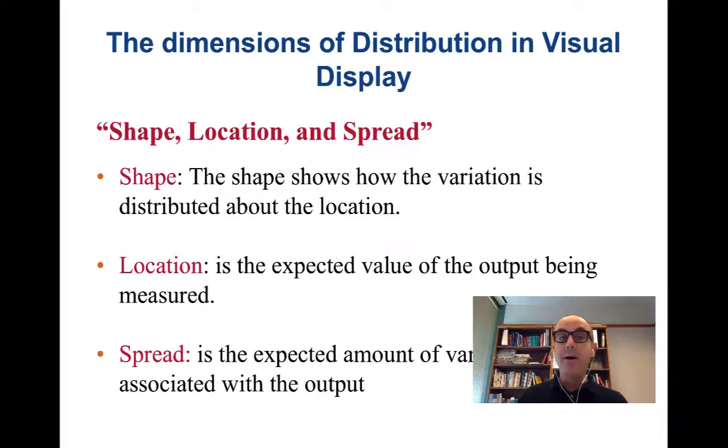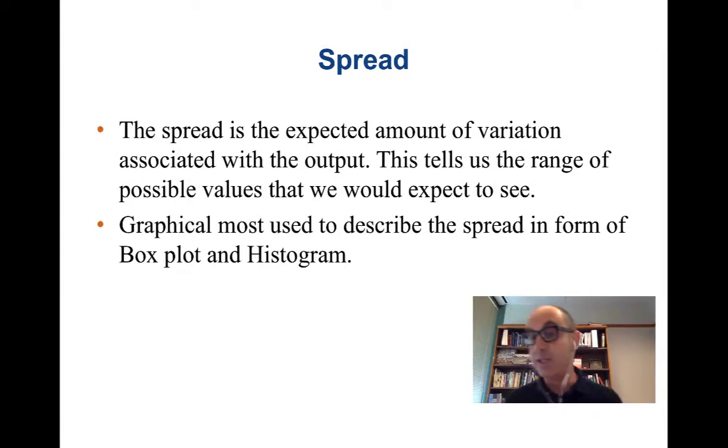The shape shows how the variation is distributed about the location. The location is the expected value of the output being measured, and the spread is the expected amount of variation associated with the output.